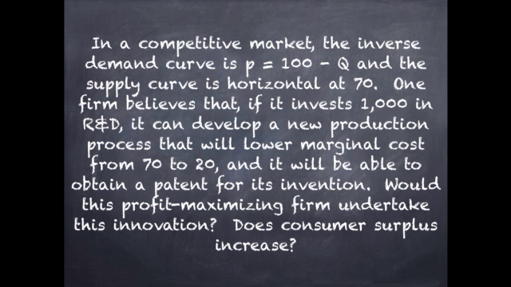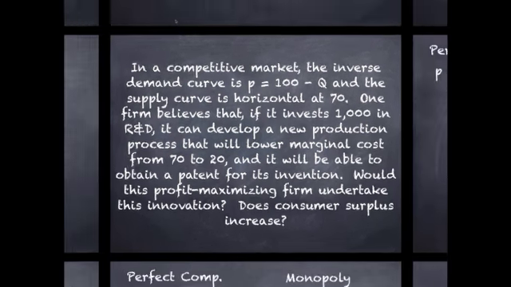But more importantly, the firm believes that it will be able to obtain a patent, i.e. that if it's able to do this, in essence, it can operate as a monopoly because it'll have protection against anybody else adopting this technology, and it'll have a huge cost advantage relative to its competitors. So you should keep all of those pieces of information in mind.